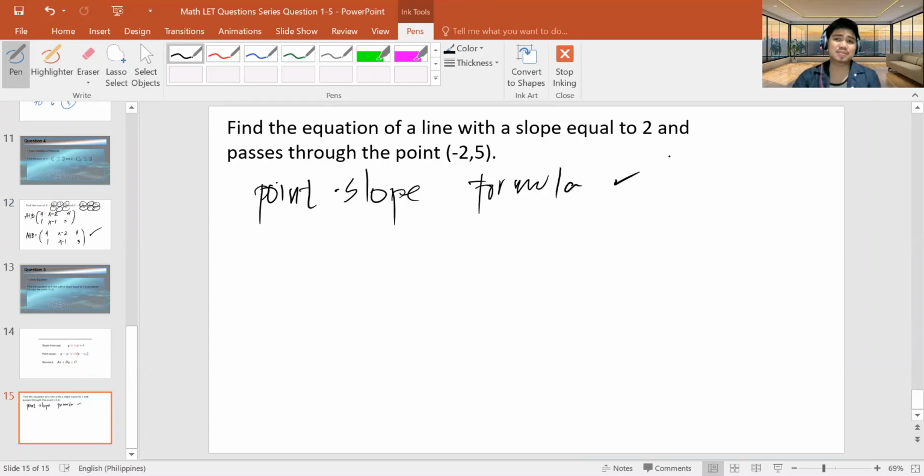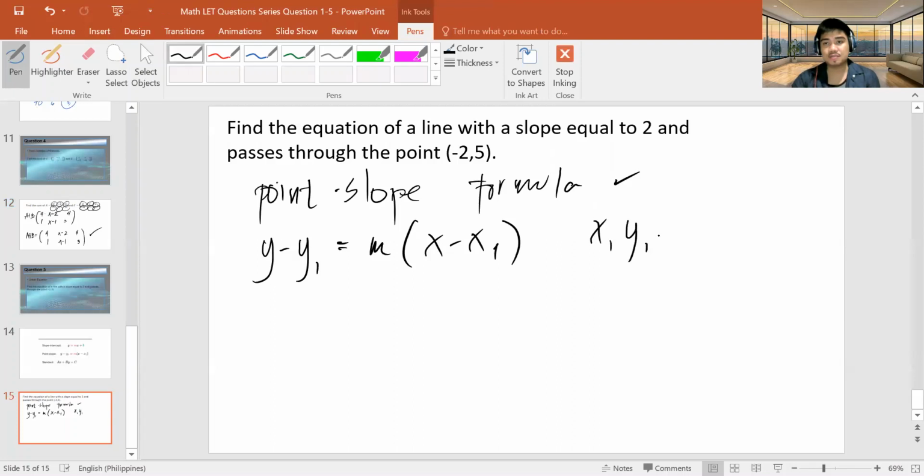So alam naman natin kasi given yung slope, given yung point, sabihin we are going to use this. So we have y minus y sub 1 is equal to the slope times x minus x sub 1. So we have x sub 1, y sub 1 is equal to this, negative 2 and 5.